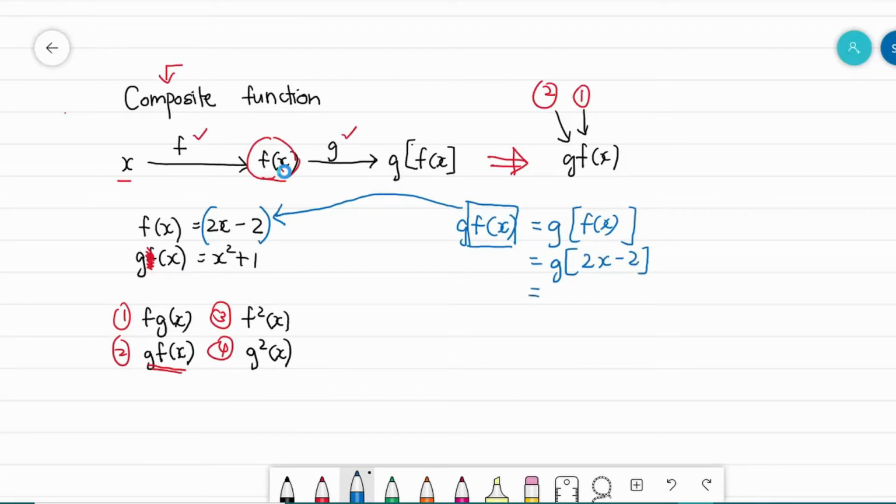Then the second stage: g(x) equals x squared plus 1. So now instead of x, you change the x into 2x minus 2. How do you write it? What I like to do is draw a bracket, and then it will be (2x minus 2) squared plus 1.